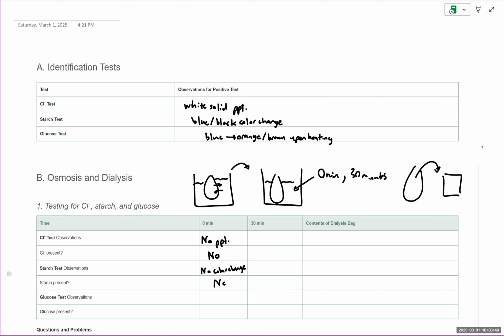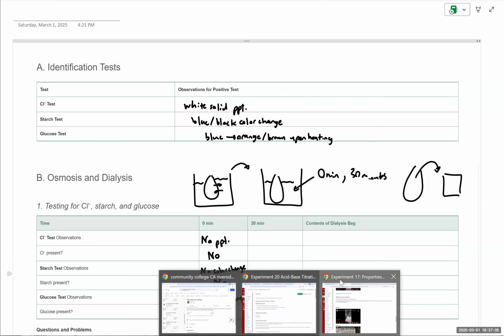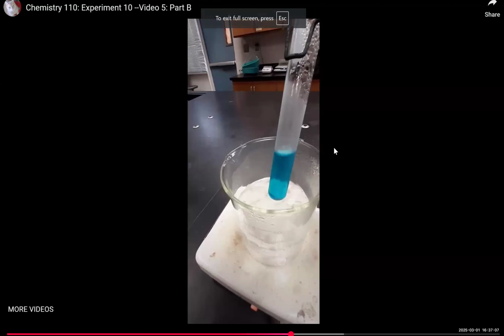And thus there is no starch present. For the glucose test, we see no color change. Thus, there is no glucose present at the 0 minute mark. Okay, let's now continue on.